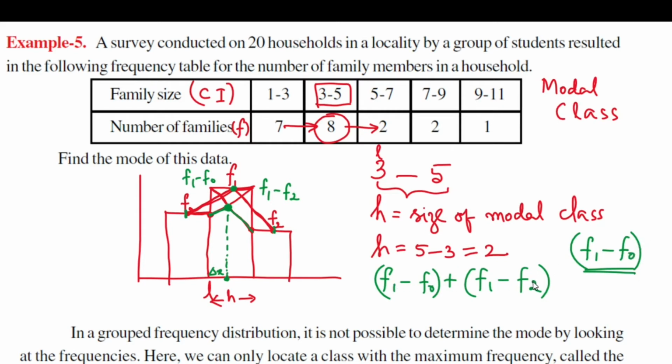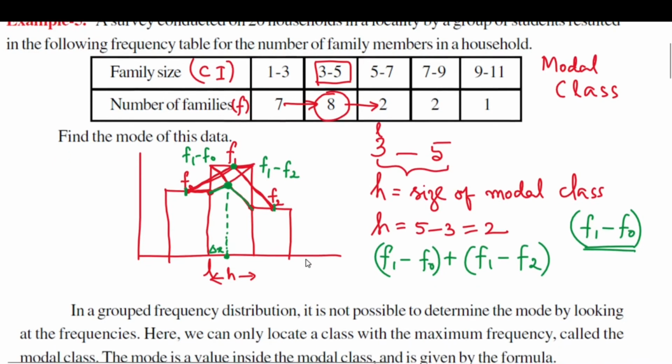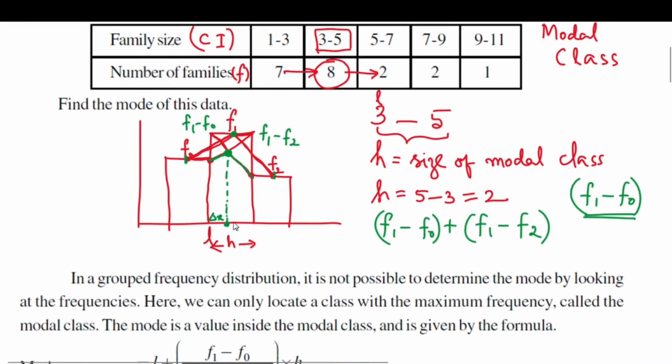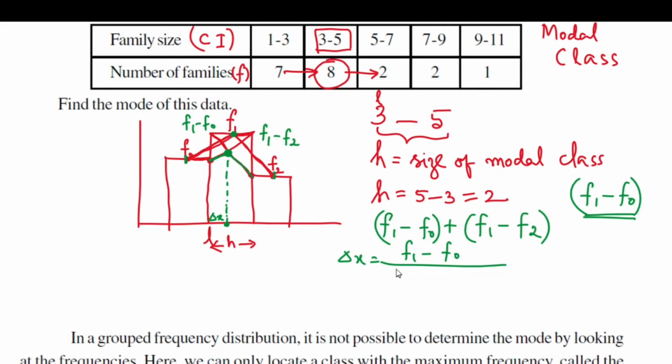This is the change in frequencies from the lower frequency to the highest frequency. So we estimate that the same trend of frequency change is followed within the modal class. So this distance from the lower boundary will be f1 minus f0 divided by f1 minus f0 plus f1 minus f2.